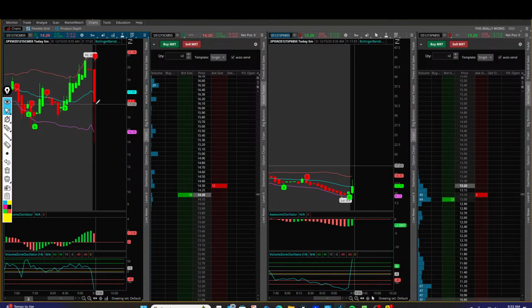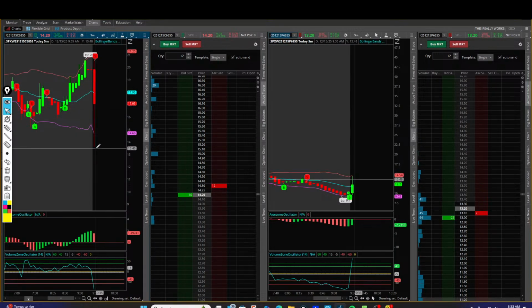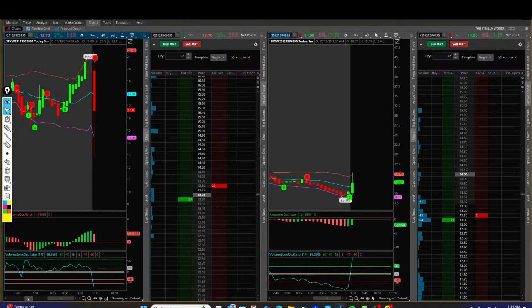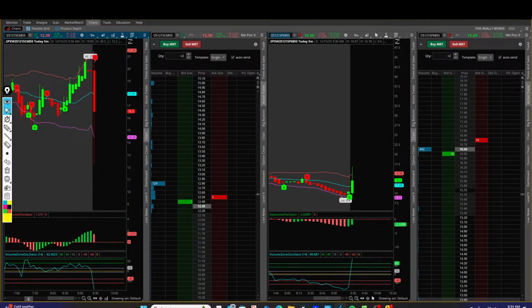Looking at this red candle with the long lower wick, when we see a long wick like that, that usually means there's going to be a reversal. So we've just got to see what happens in the next minute or so. Okay, that first candle is continuing to go up on the put side, the right side.